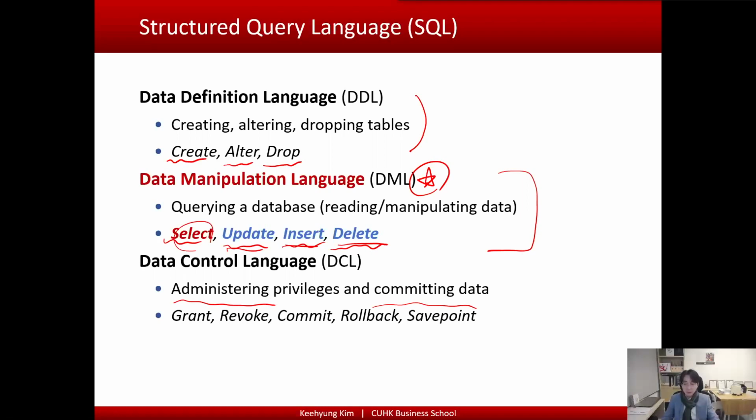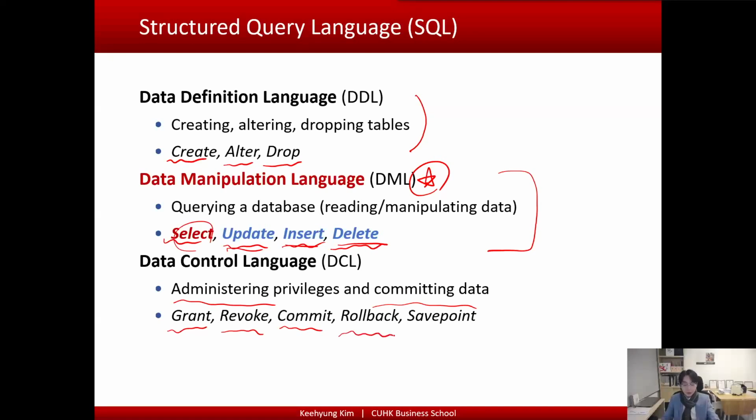So they will use DCL to grant, basically giving different privileges to different users, or revoke, which is removing that privilege. So they can change your role in the database system. And commit is basically if there are changes made in the database system, they can reflect that change permanently.